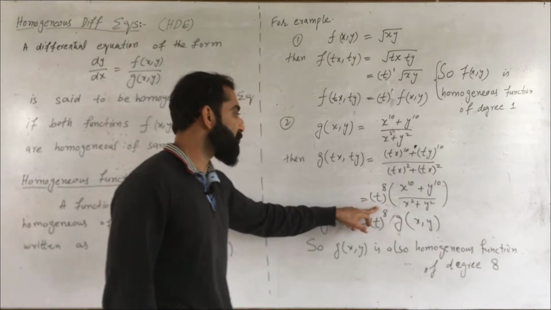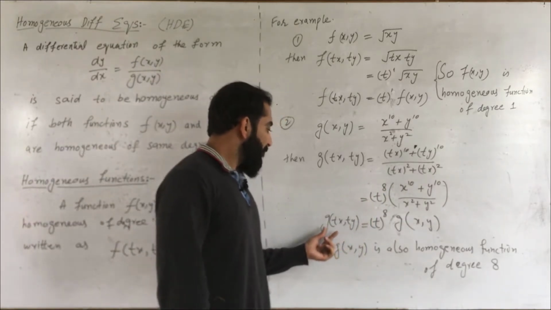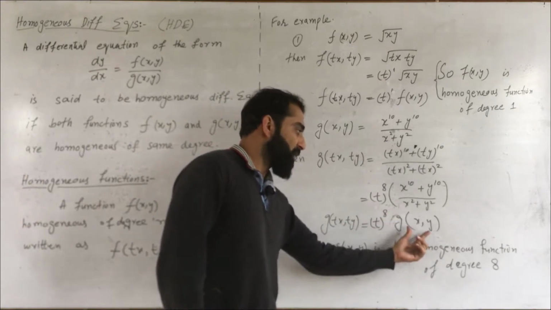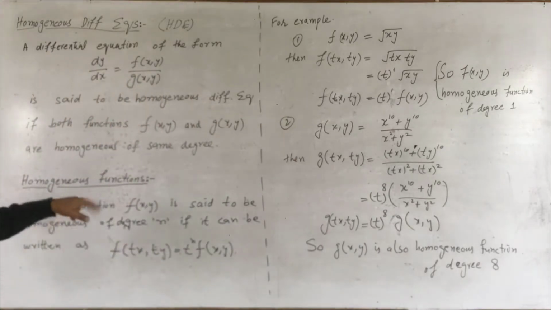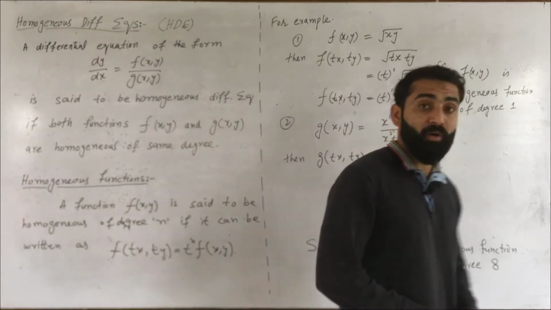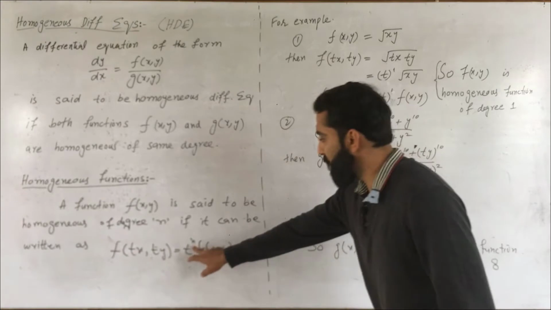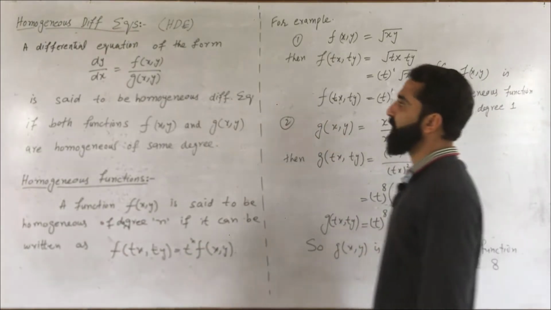So it can be written as g of t x, t y is equal to t raised to power 8 into g of x y, which by this definition means that g of x y is also a homogeneous function of degree 8. Here n is equal to 8, so it is a homogeneous function of degree 8.